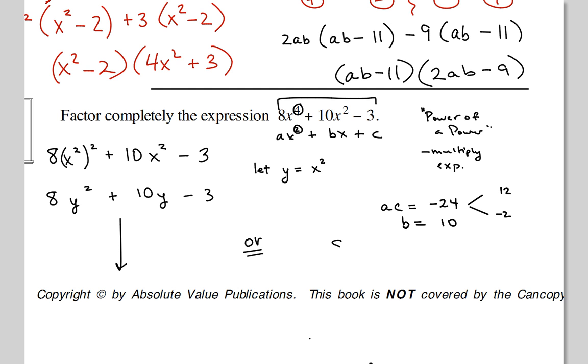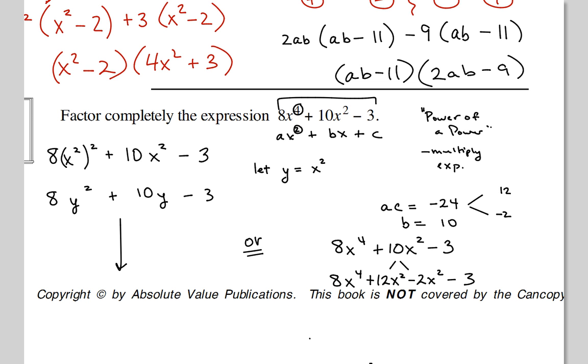So it's going to rewrite this, and I'm going to break down the middle term using 12 and 2. So you get 8x^4 plus 12x squared minus 2x squared minus 3.